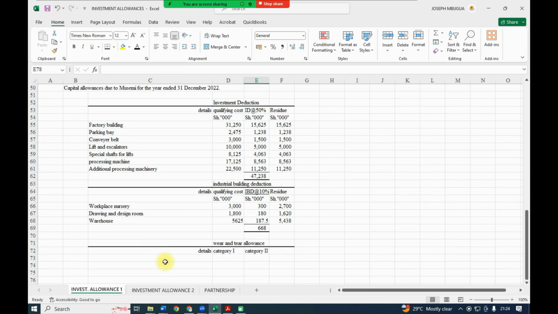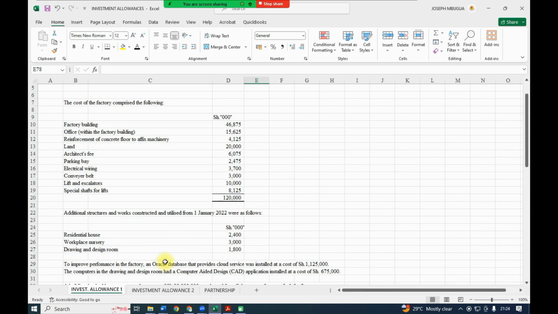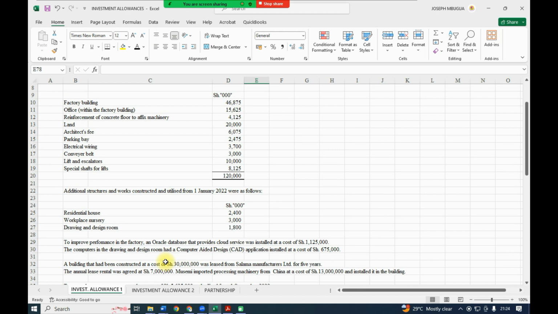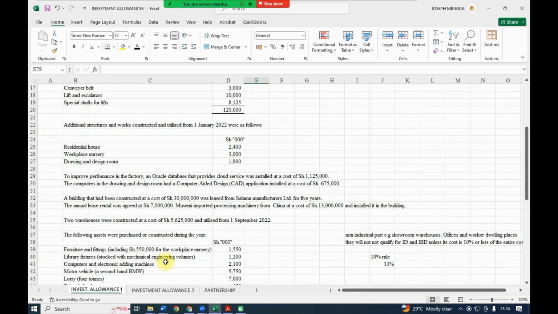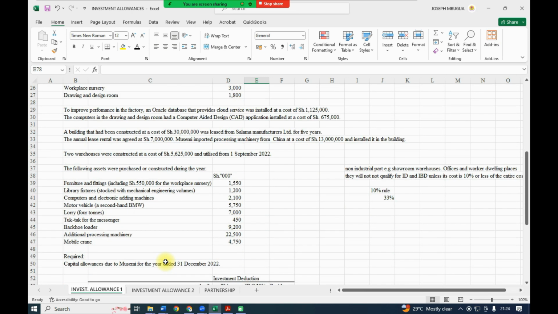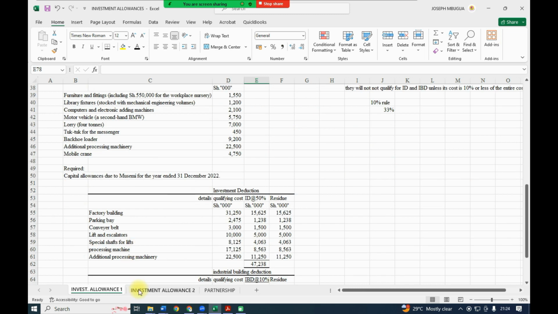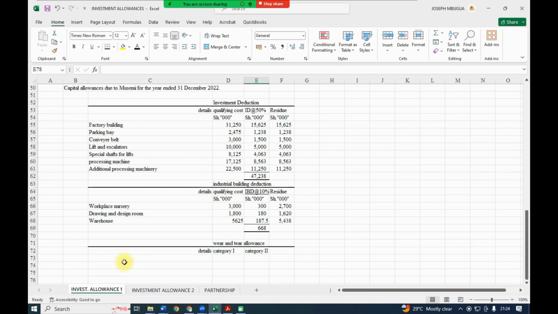The first one that we have seen: all those were used, lift, and we had to improve the performance of the factory. An Oracle database that provides cloud service was installed at a cost of 1125. So the database will be part of the software.